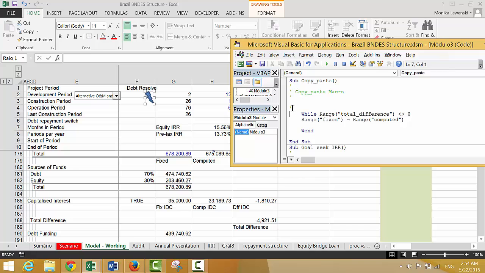and we say, and then we also do the fix IDC, and we have the computed IDC. Okay.